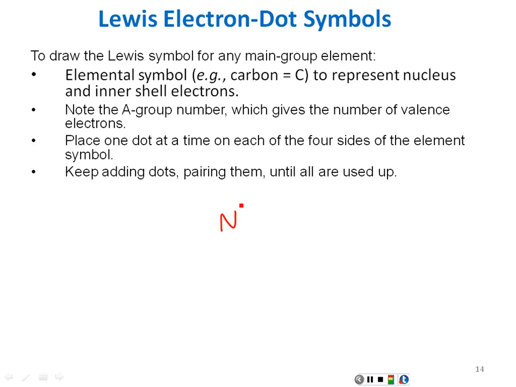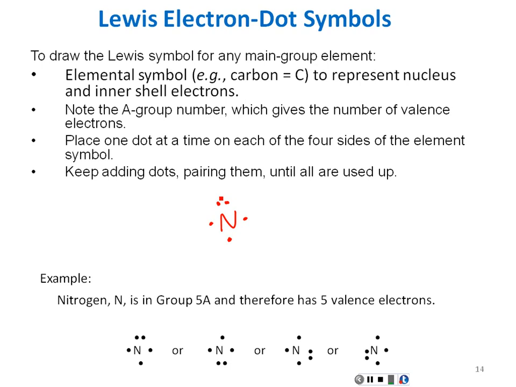And now, how many valence electrons does nitrogen have? Well, it's in group 5A, so there are 5 valence electrons. So then we place 1 electron, and we go around the atom until we've used up all 5. So this would be the Lewis symbol for nitrogen.